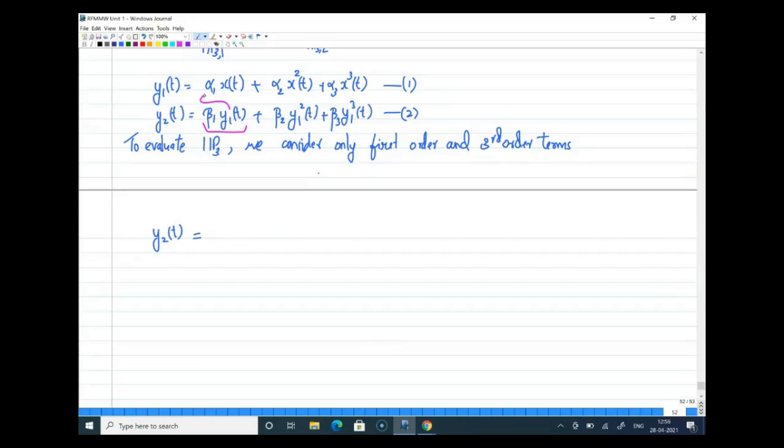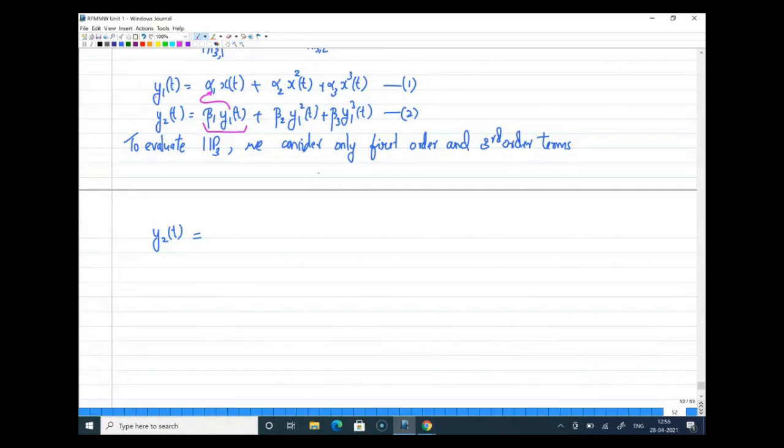So what is y1 of t? Y1 of t is coming from here. Can you guys just plug in this expression? I'm not asking you to do the entire thing, but can you write only the first order and third order terms here? By observation, is it possible? Okay, you can try that. I'll also write it here.